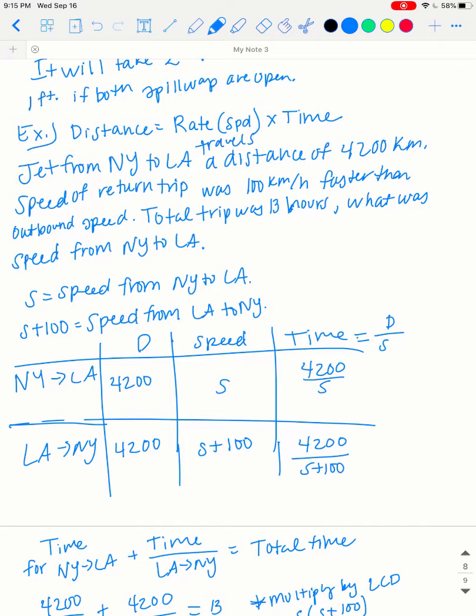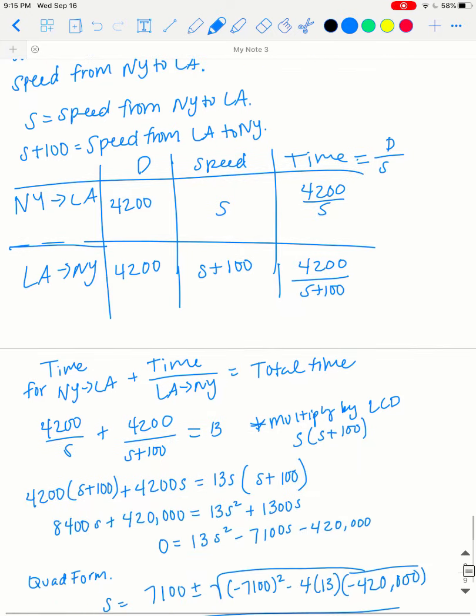And the time is going to come from our distance equals speed times time formula. When you get time by itself, that's d over s. So we're just going to take our previous columns and use those. New York to LA, time is 4,200 over S. And LA to New York is 4,200 over S plus 100.